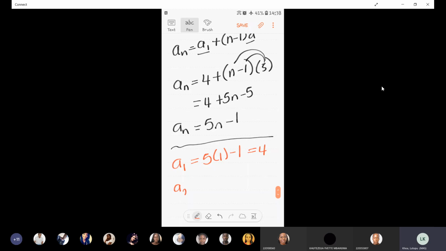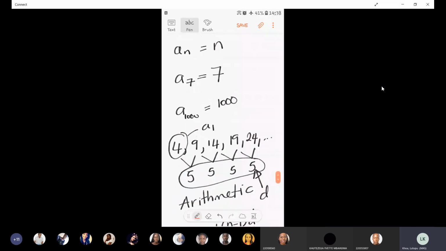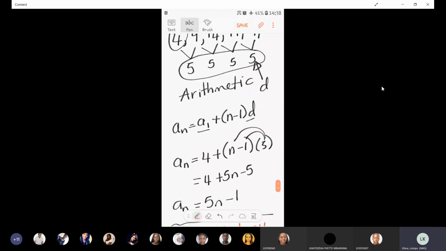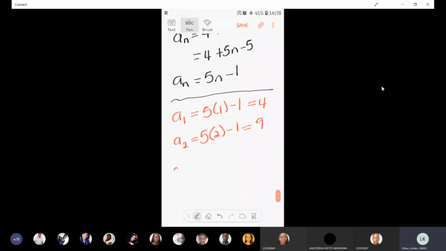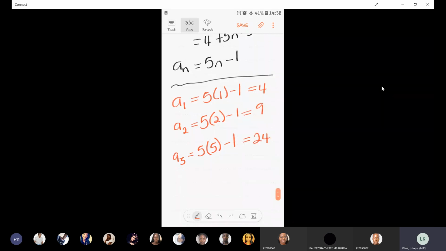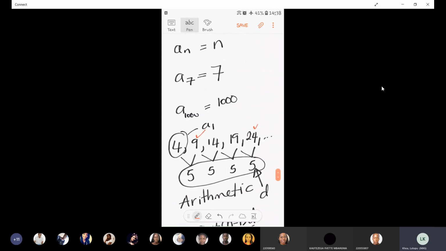What if I want the second one? This is 5 times 2 minus 1. This is 10 minus 1, which is 9. And then when we look at our sequence, yes, 9 is in fact the second one. Now let's look at the fifth term. This is 5 times 5 minus 1, which is 25 minus 1. This is 24. And when you look at your sequence, you can see that the fifth term is indeed 24. So this formula for the nth term that I have given is in fact correct.